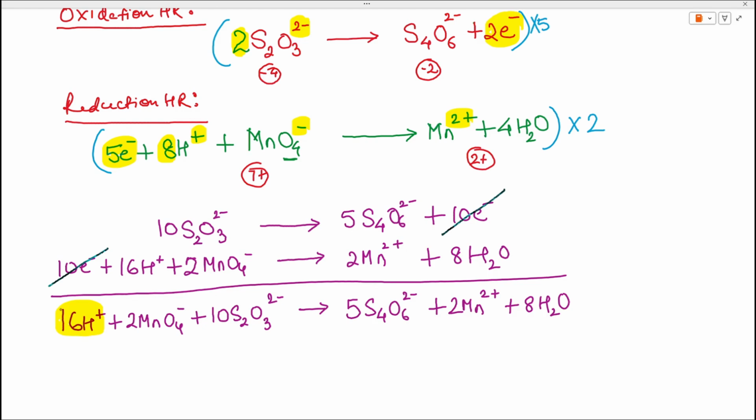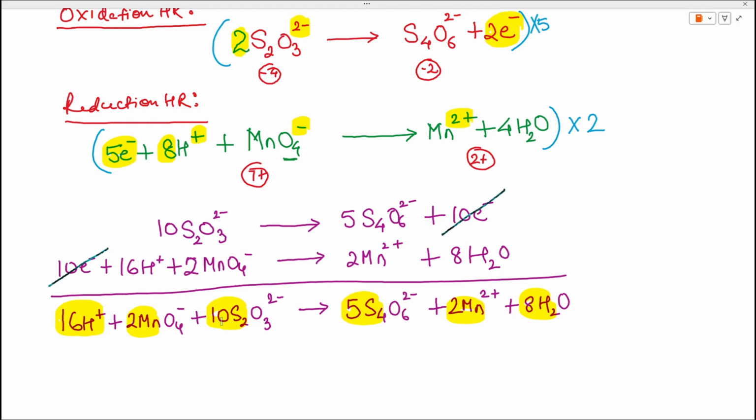So we have 16 hydrogens on the left, 8 times 2, 16 hydrogens on the right. We have 2 Mns on the left, 2 Mns on the right. 5 times 4, 20 sulfurs on the right, 10 times 2, 20 sulfurs on the left. Now the only thing is we have to check for oxygen.